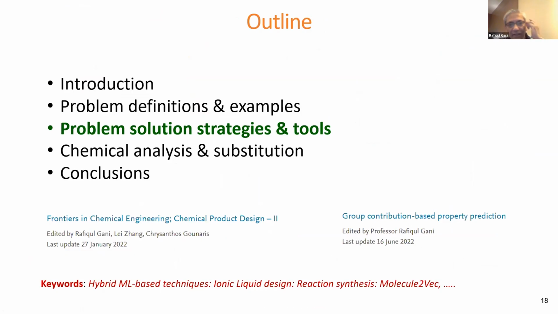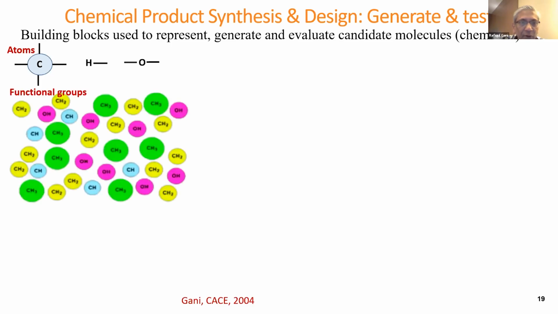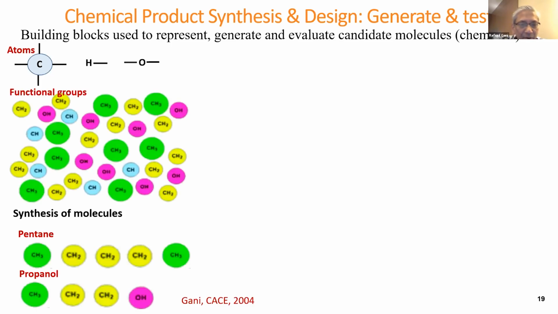With that, I go to the next part, which is problem solution strategies and tools. Very simply, as we talked about, if we want to develop a product or find a product based on the definition we have given, we need building blocks to generate the molecule or candidate. So the candidate building blocks could be atoms, which can be combined to form functional groups, which can be combined to form compounds.